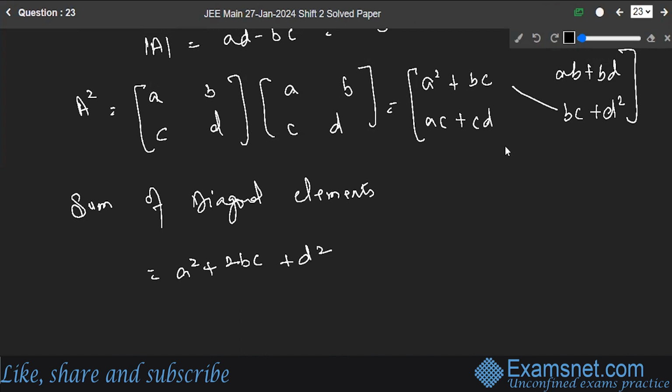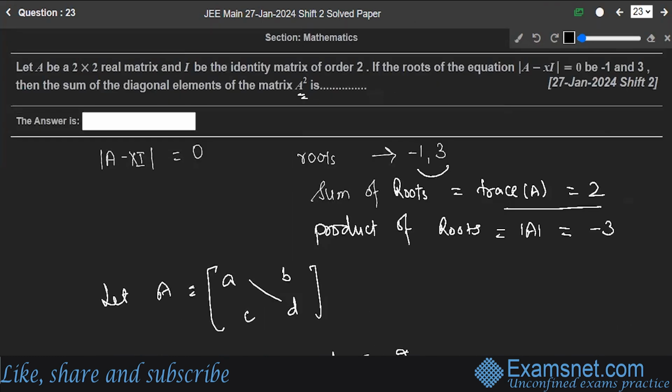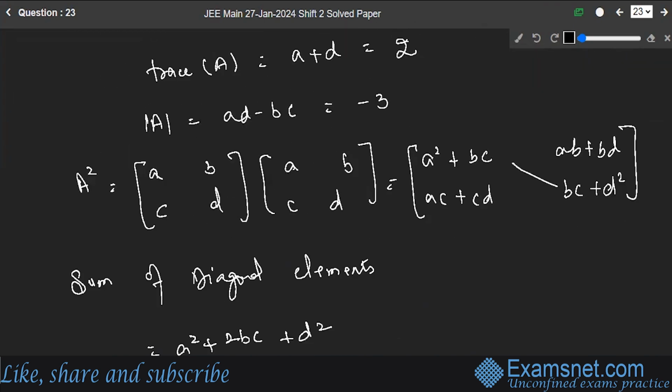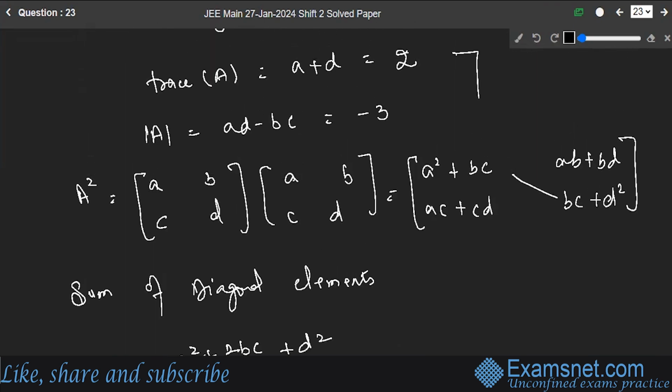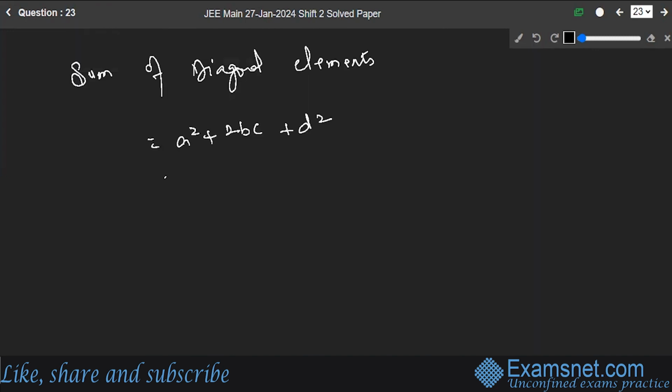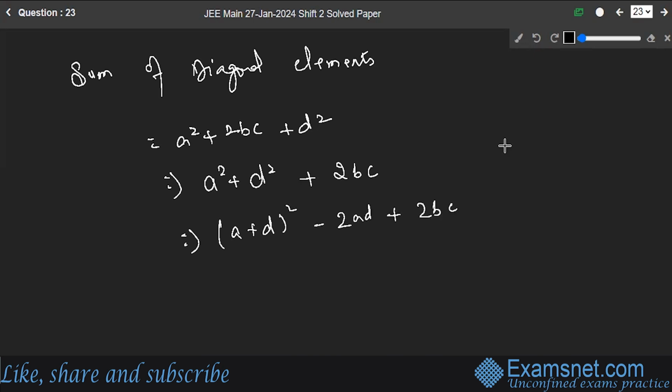Now, according to the question, this is what I need to find out, and I already have these two equations. Let's pick them up. So I can write this expression as a square plus d square plus 2bc, or this can be written as (a plus d) whole square minus 2 times (ad minus bc).